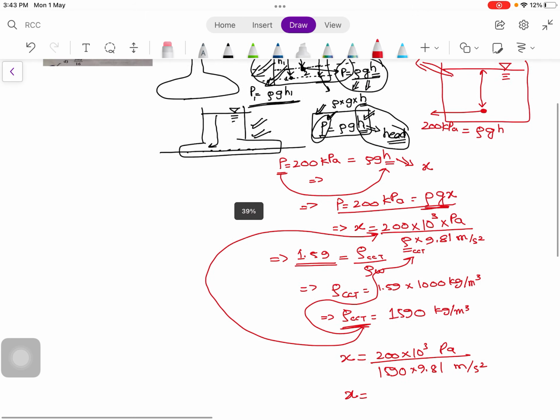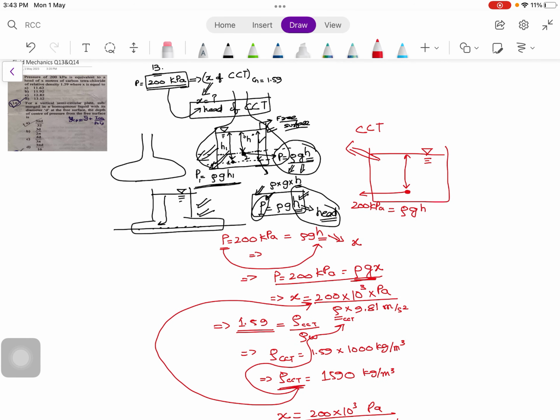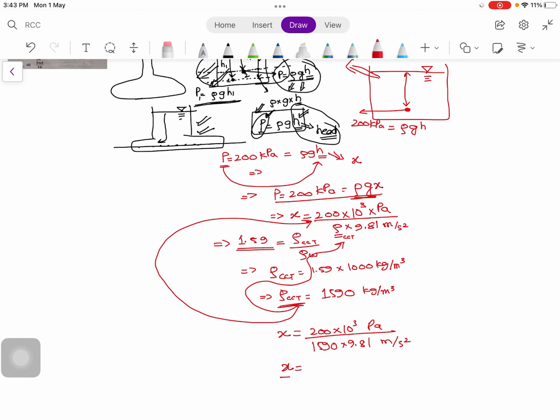So if we solve this equation, the value of X becomes 12.82 meters, because here Pascal is Newton per meter square, so all the parameters are in similar units, that is in meters.